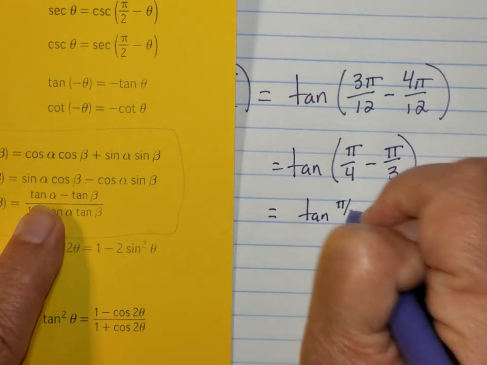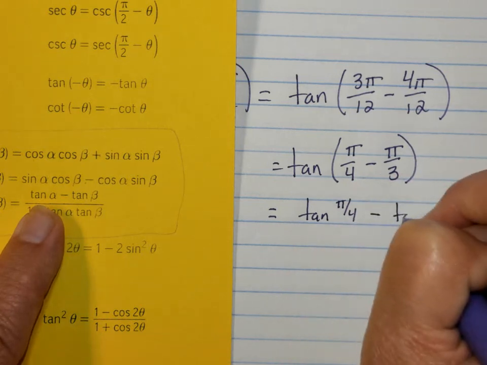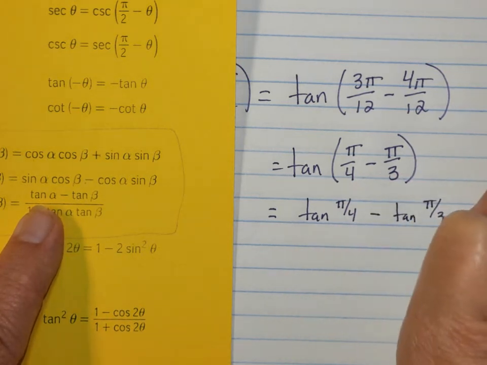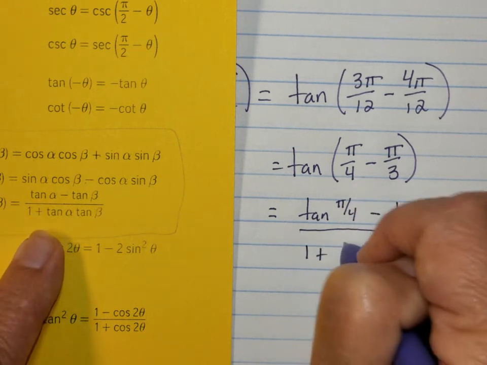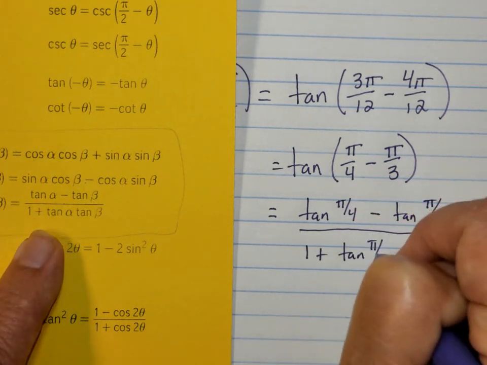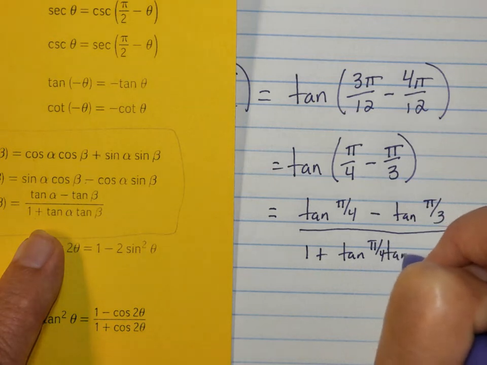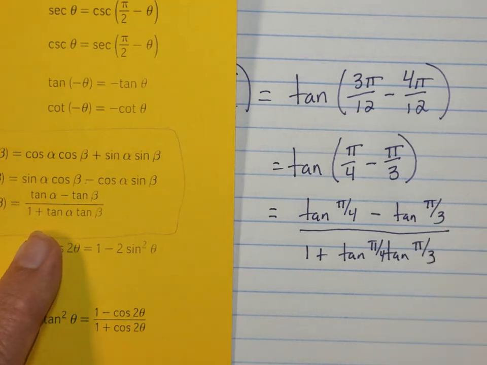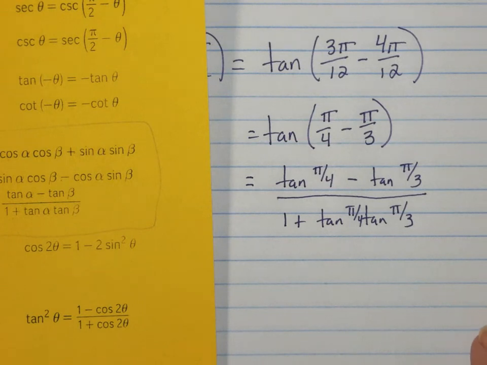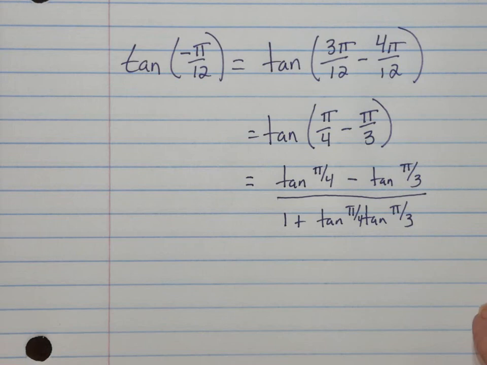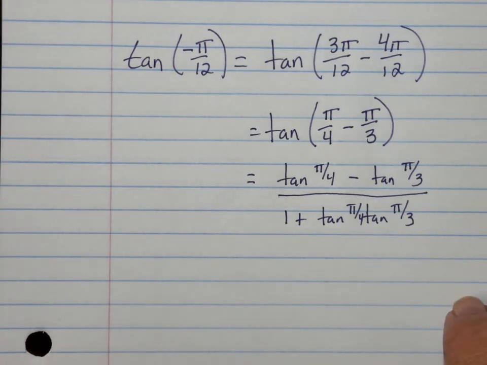Tangent pi over 4 minus tangent pi over 3 divided by 1 plus tangent pi over 4 times tangent pi over 3. I just become a little robot substituting. Alright, then I get my other chart, right? This is just all about having the right charts, isn't it?